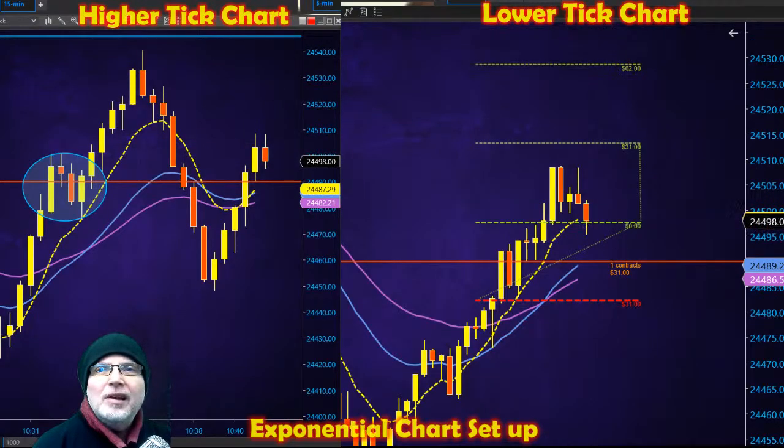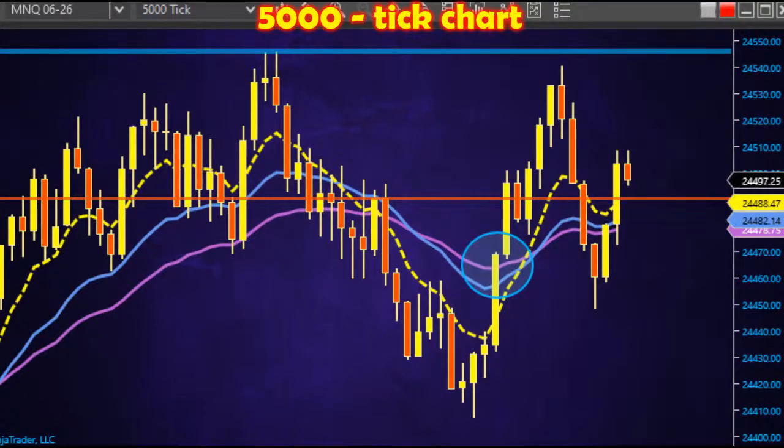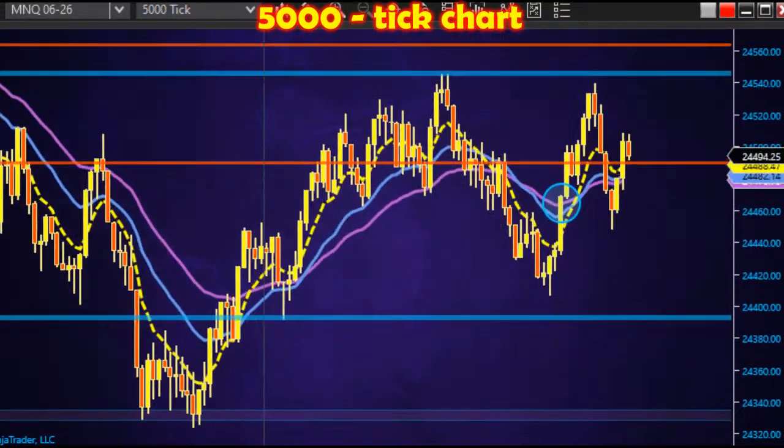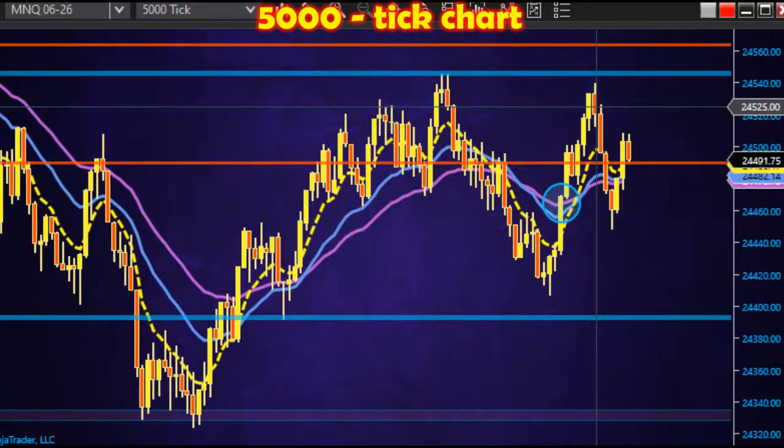But even the 5,000 has gotten to where it is just ugly sideways. So I can't trade this with my current system, in terms of holding for a big move, and it's not hitting the targets.